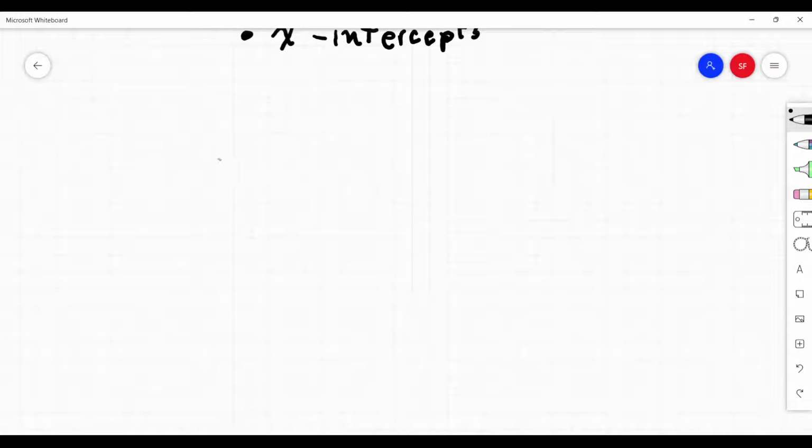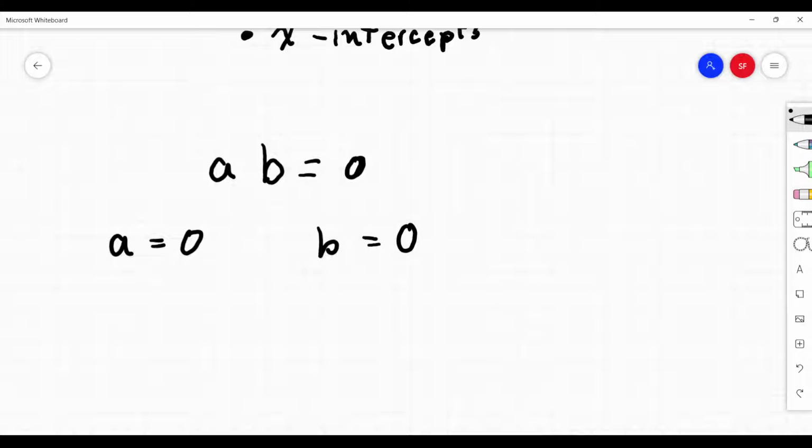There's a theorem that says if we have A times B equals 0, then we can say A equals 0, and we can say that B equals 0. Because one of them is definitely going to be 0, right? One of them has to be 0, right? So in order to solve things and do things that are useful, we can set them both equal to 0.